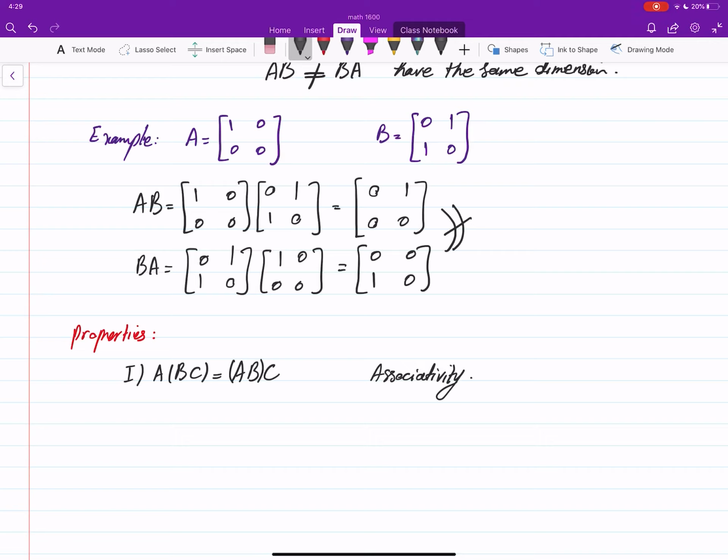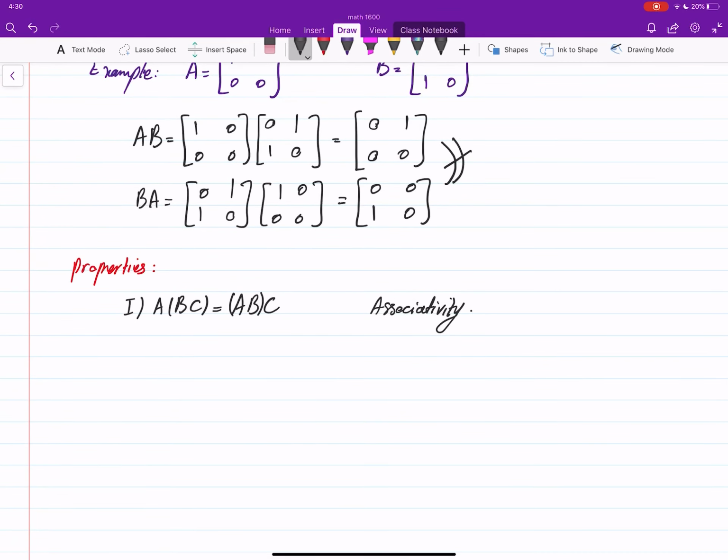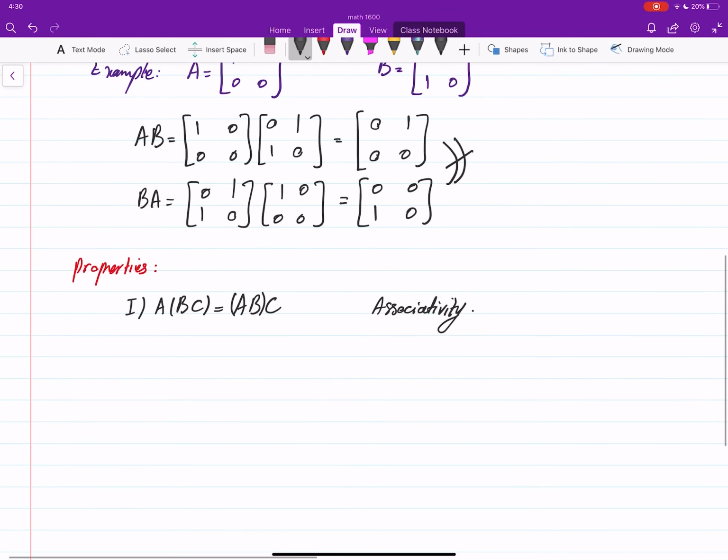And well, this is just like number multiplication also has this property. And here I'm picking A, B, C such that the product is defined. When it is defined in one form, in the other form it will be defined too.